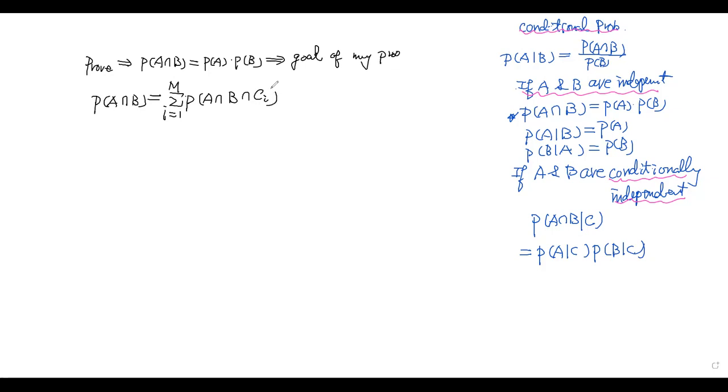Why from here to here? It is based on the law of total probability.